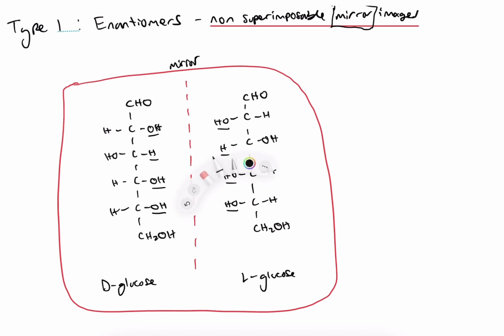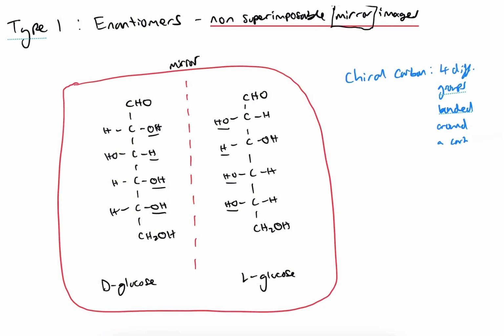And essentially, where we get the D and L from is here. So we look at the final chiral carbon, and our chiral carbon I will define now. It's going to be the 4 different groups bonded around a carbon.